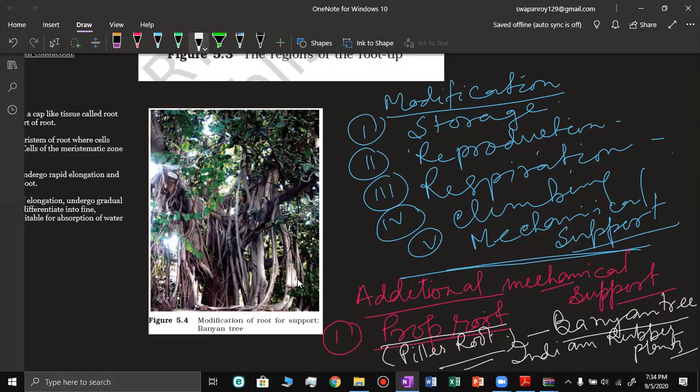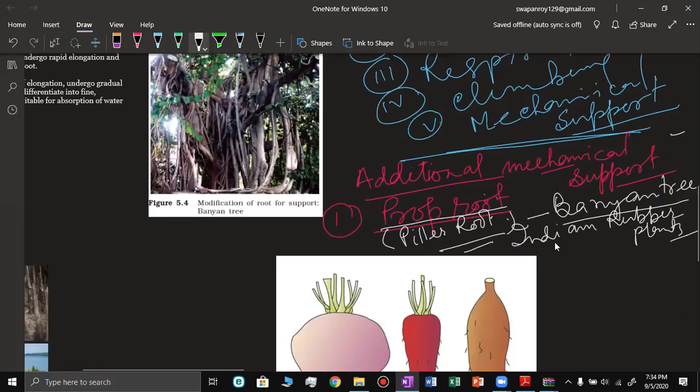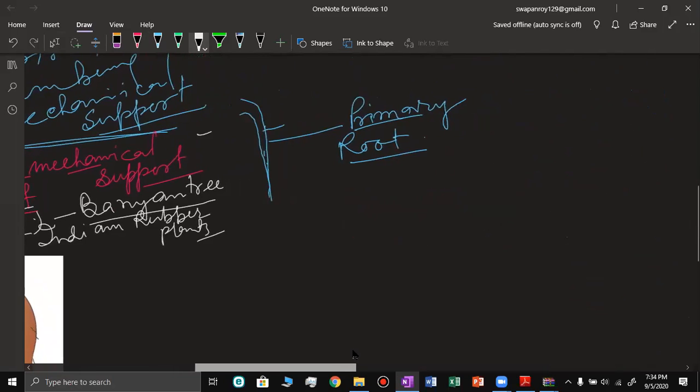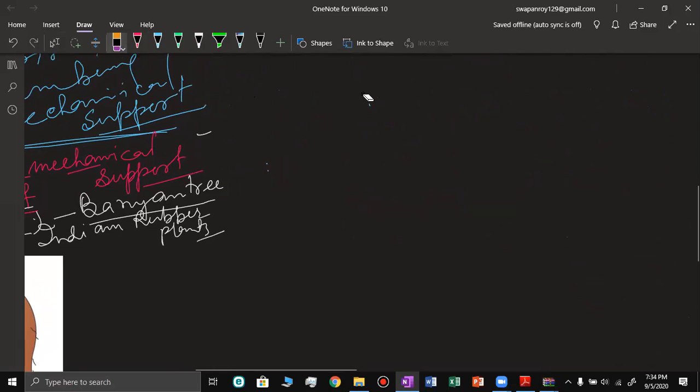These trees actually live for many years and they are very huge also. So what happens is that this plant requires additional mechanical support for their heavy branches, and for this, from their aerial branches, the roots come out, and ultimately they move inside the soil, become very strong, a pillar-like structure, and give support to the plant.